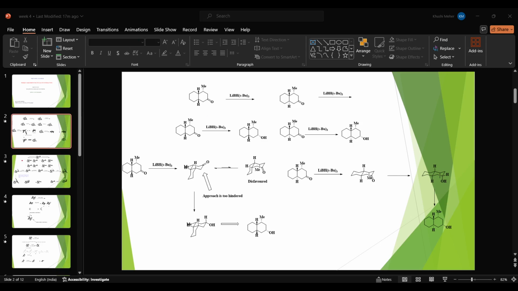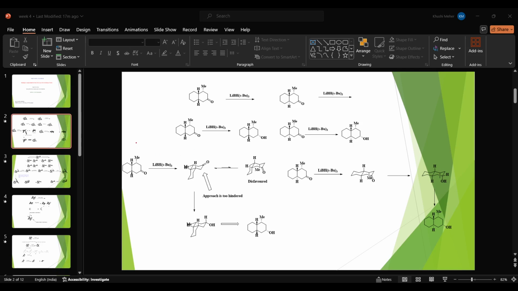If you want to see the chair conformation, the more stable conformation for the cis, first we will see our cyclic ketone in a chair conformation. This is our cyclic ketone, and we have to make sure which of the two chair conformations is more stable, the first one or the second one.